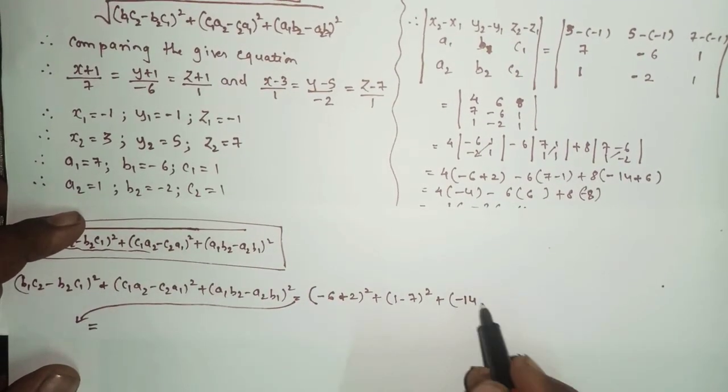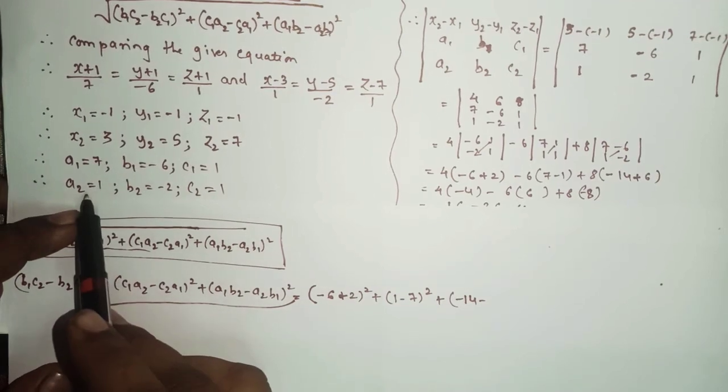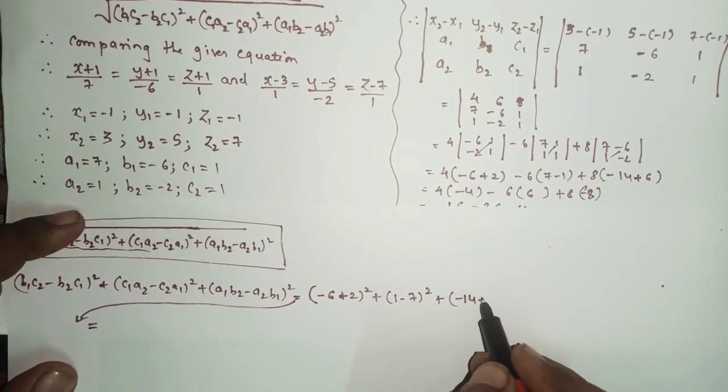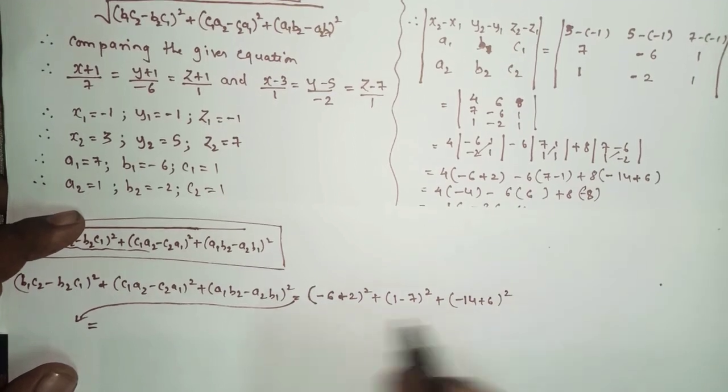Then minus a2 b1, so 1 into minus 6 is minus 6, so already here we have minus, so here we'll write plus.